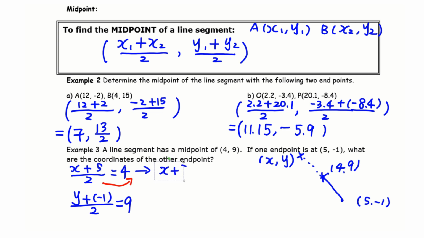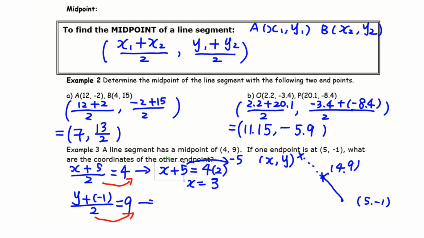So x plus 5 equals 4 times 2. Then 4 times 2 gives you 8. Then you move the plus 5 to the other side. Its opposite operation is minus 5. You are going to have x equals 3. And do the same thing for y. Move the denominator 2 to the other side to get rid of it.